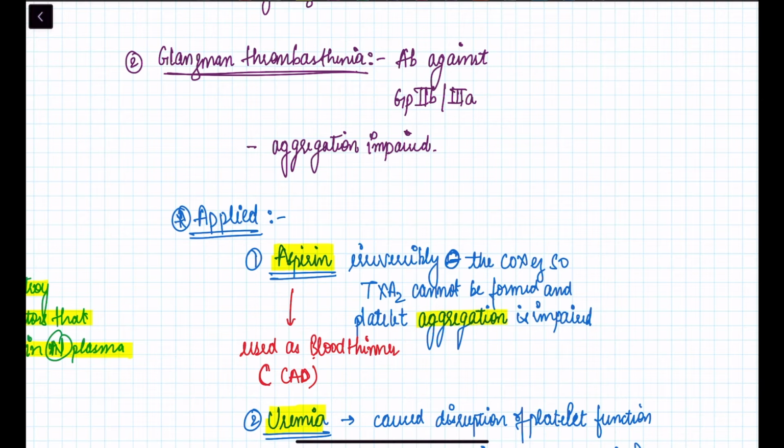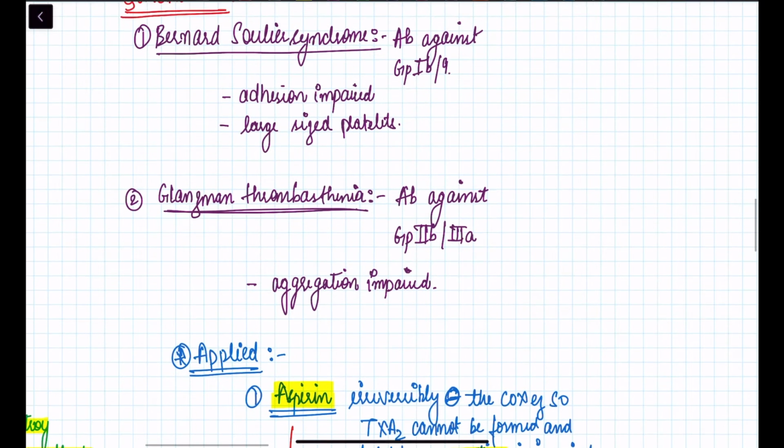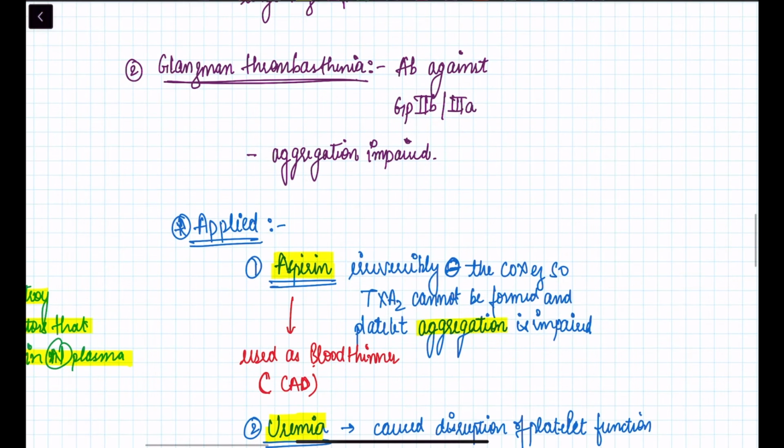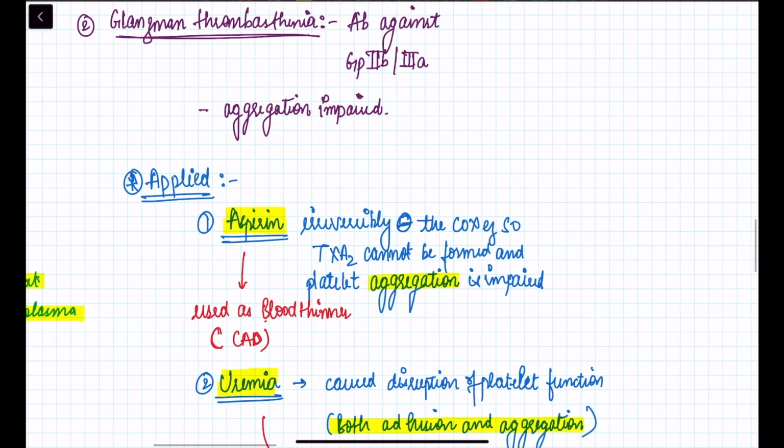And as we saw in the mechanism, platelet aggregation will be impaired here, not adhesion but aggregation. So these are the antibodies secreted against specific receptors of platelets, and there are some applied aspects as well.